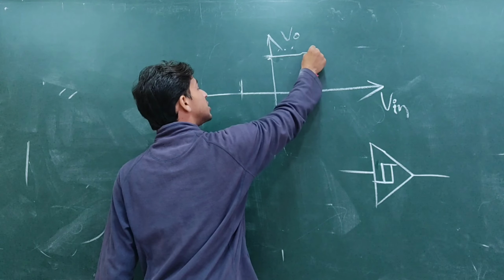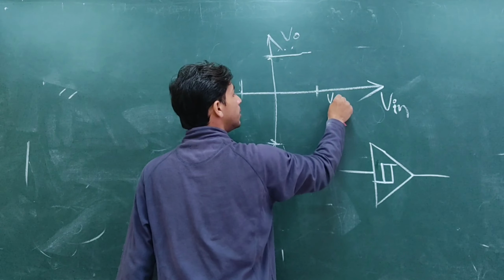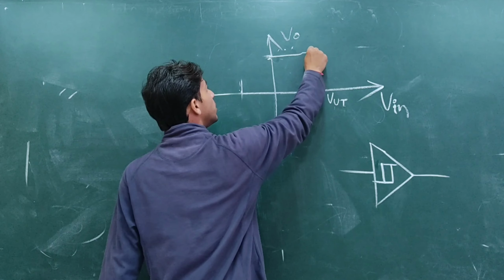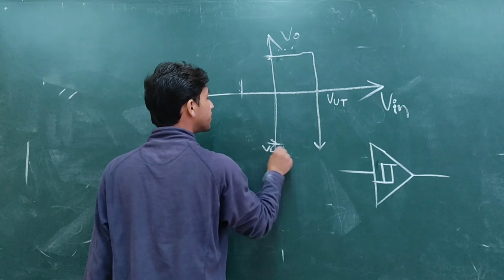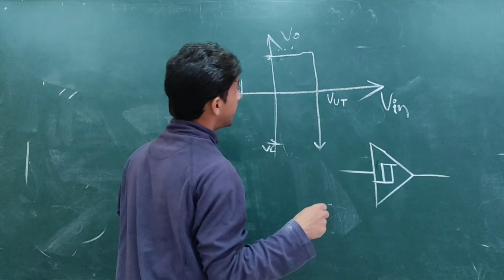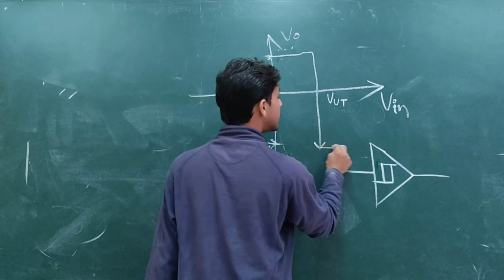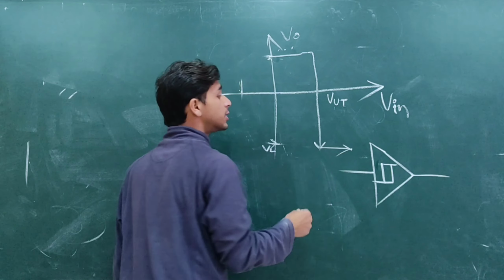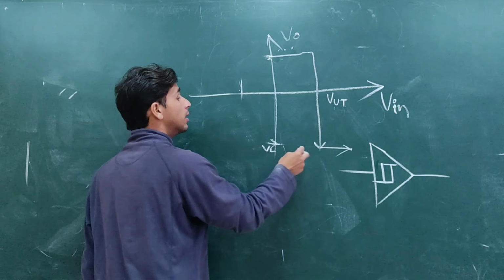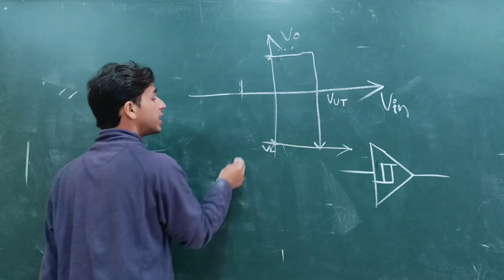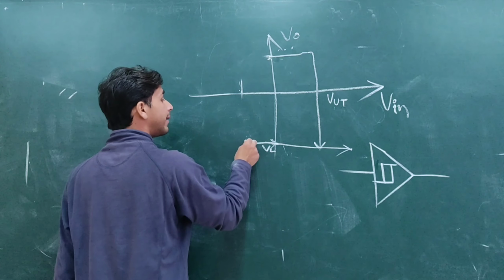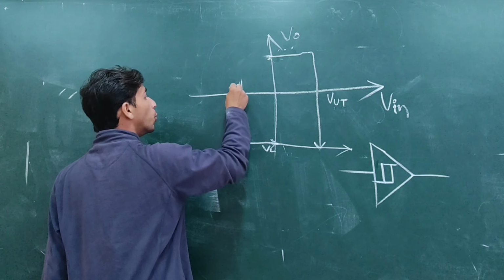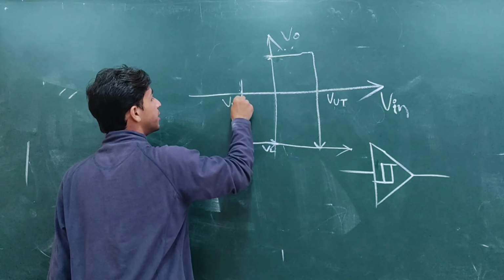Once it reaches the upper threshold voltage, denoted by VUT, it will decrease to the low voltage output, VL. If you still increase the input voltage, it will remain low, at VL. If you decrease the input voltage, it will remain at low voltage output until it reaches the lower threshold voltage.